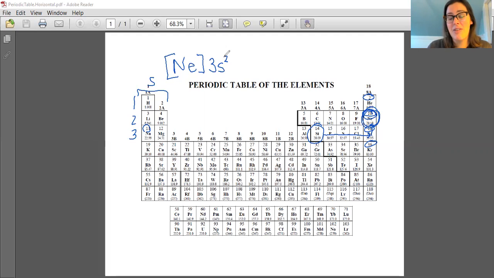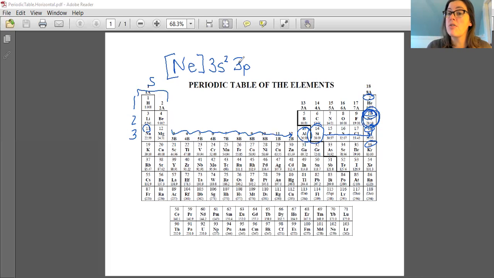So once we fill up the 3s sublevel, now we're going to go to our next element. Now there's nothing in the middle here, so we're going to hop on over to aluminum, which comes right before silicon. Aluminum is also in the third period in the P block, so that means we're going to be filling up the 3p sublevel. Now silicon is right in the middle of that block, which means we are not going to be filling up the 3p.